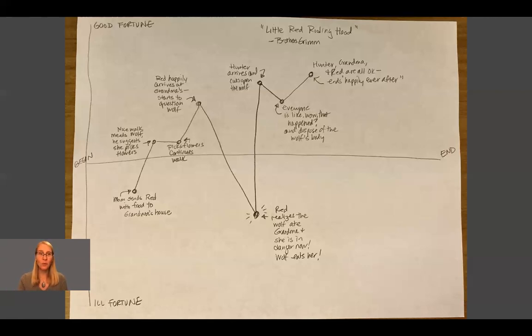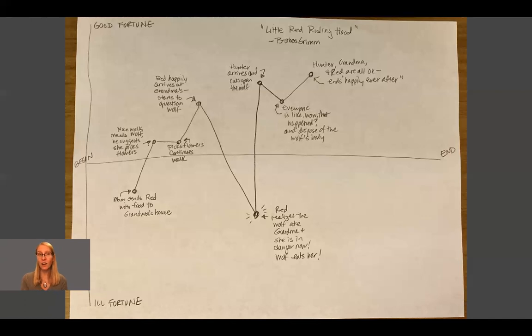She meets this wolf who's really kind and charming, asks her what she's doing. She naively lets him know what her plans are for the day. And he is so kind, he even says, why don't you go pick your grandma some flowers to go with that lovely basket of food? So Little Red Riding Hood thinks that's a great idea. She goes over and picks some flowers, starts building that bouquet for Grandma.